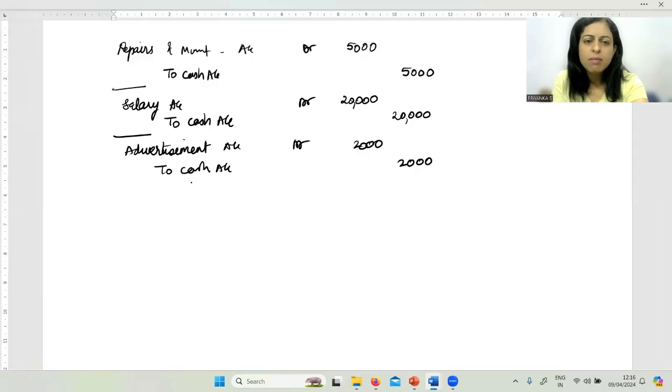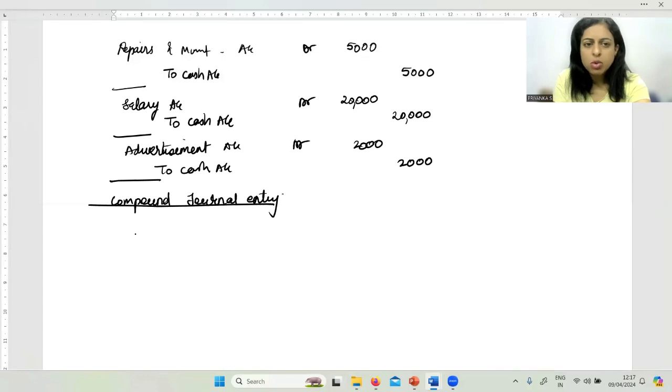Instead of that, if I'm making all three payments on the same date, I can combine this into what I call a compound journal entry. How would you write the compound journal entry of these? Compound journal entry of the above three would be written by taking all the debits together: repairs and maintenance account debit, amount of 5,000.